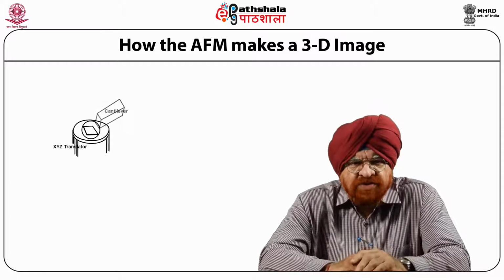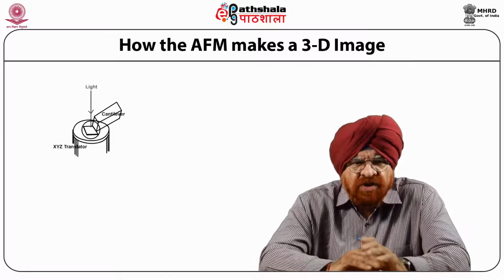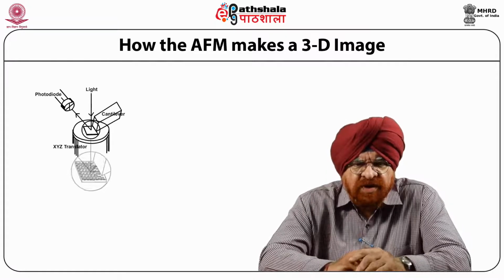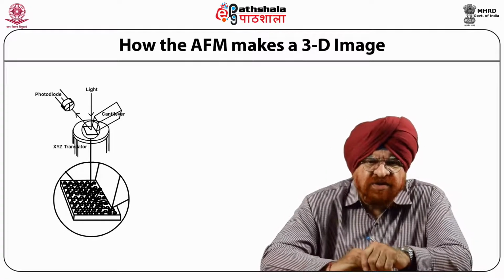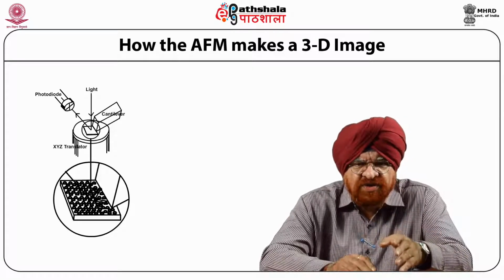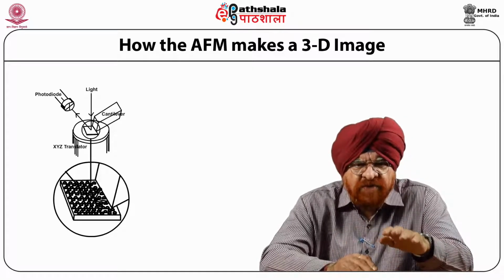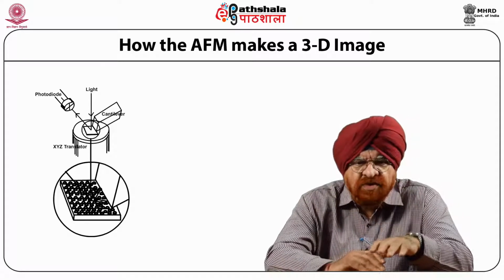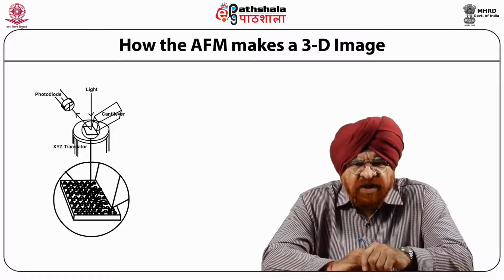How the AFM makes 3D images. In contact mode, a tiny stylus gently contacts the specimen. As the XYZ translator scans either the specimen or the stylus horizontally in a raster pattern XY, the stylus rides up and down the surface hills and valleys.